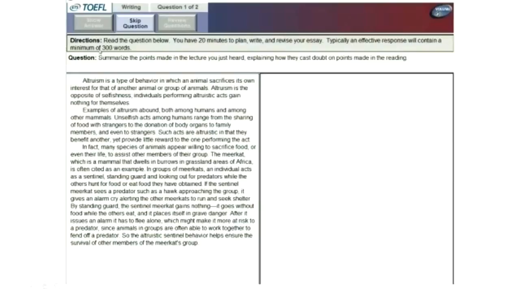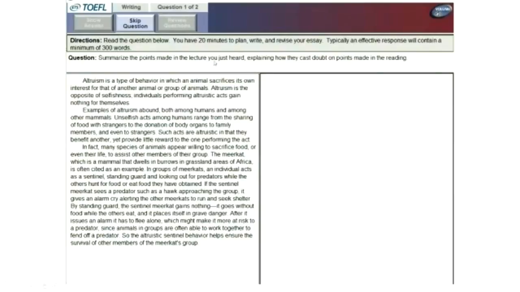And here are your directions. Read the question below. You have 20 minutes to plan, write, and revise your essay. Typically, an effective response will contain a minimum of 300 words. Sorry, that should be about a minimum of 150 words.